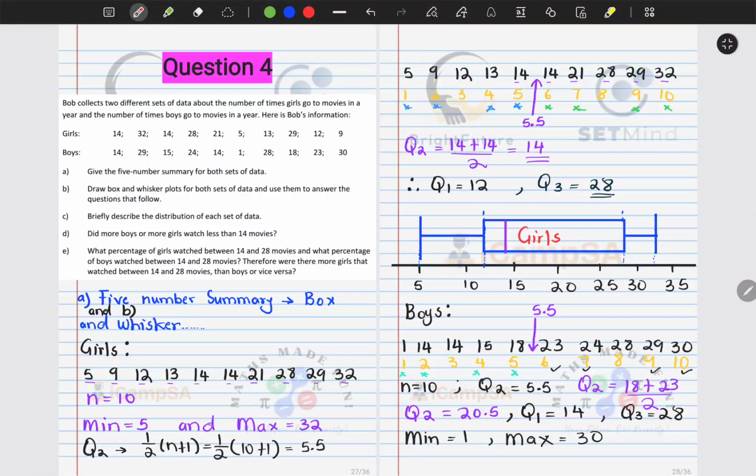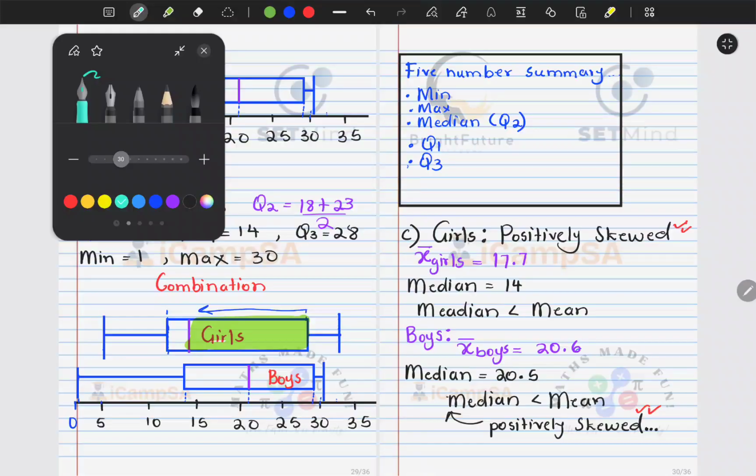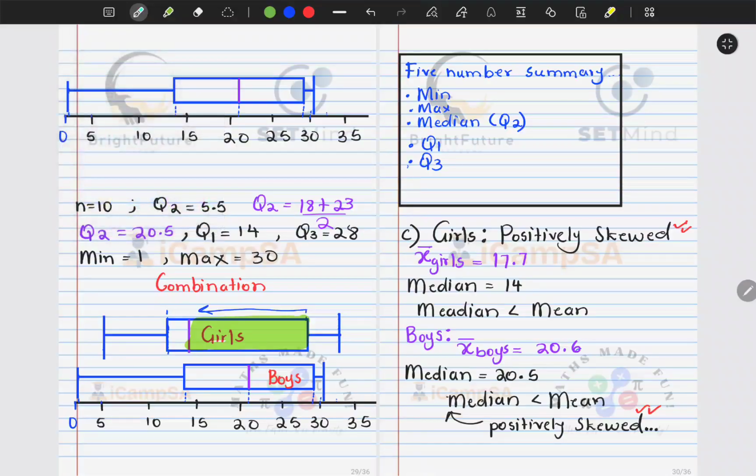And then now the question is, did more boys or more girls watch less than 14 movies? So let's think of what they are asking now. If we look at our set here, you will see.